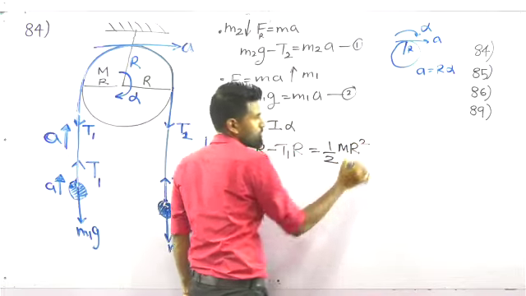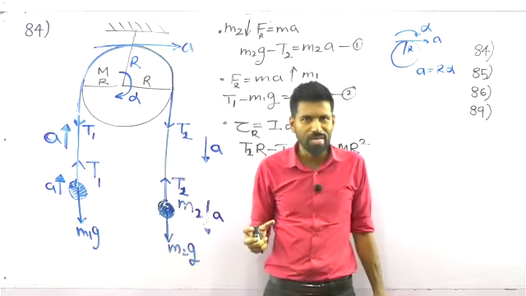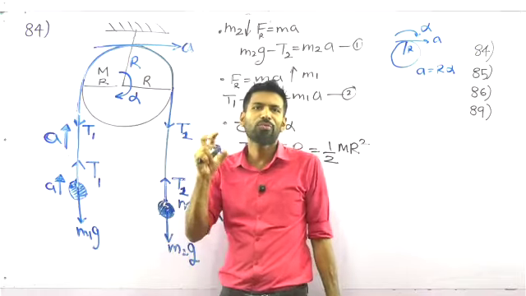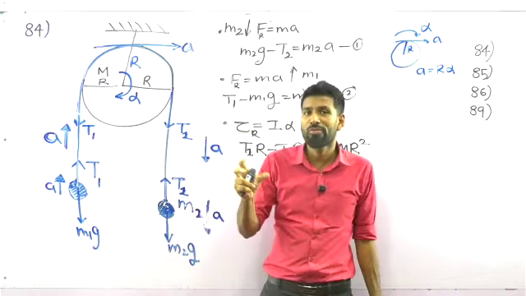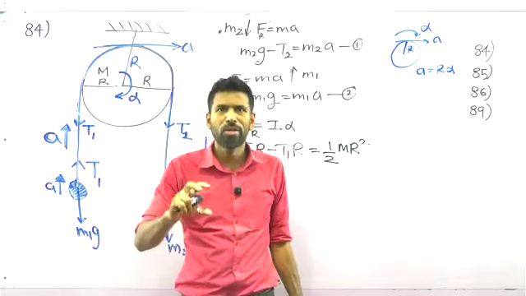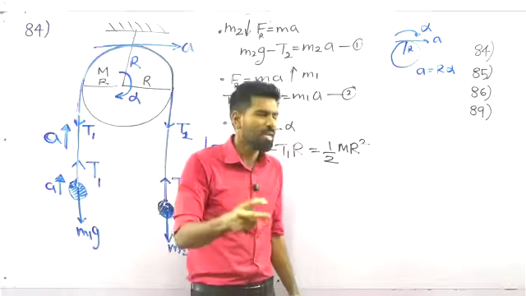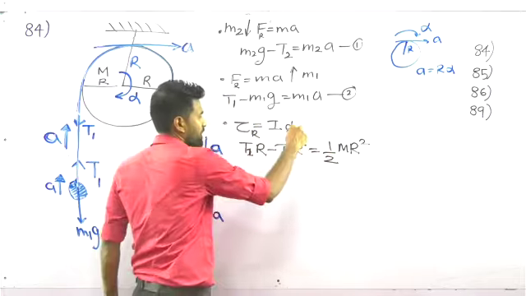You know, for rotational bodies, when we apply tau equals I alpha, we can't use mass as we do for F equals ma. For rotational bodies, instead of mass, moment of inertia is used. For a disk, it's half mr square. And the rotational acceleration alpha should be used.